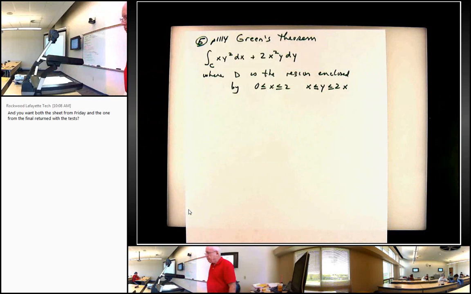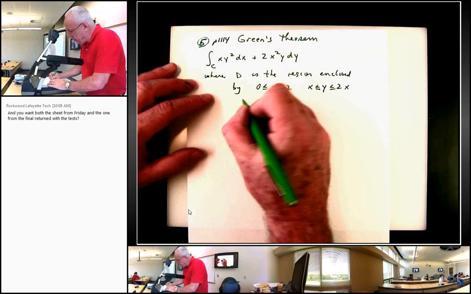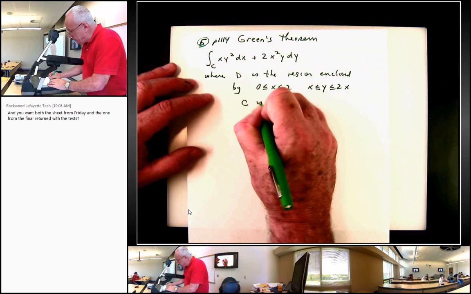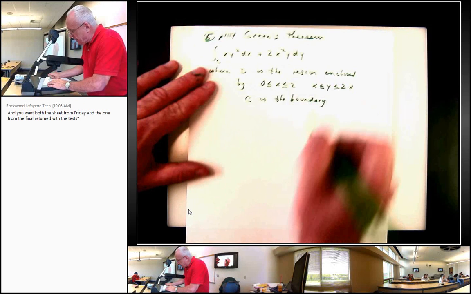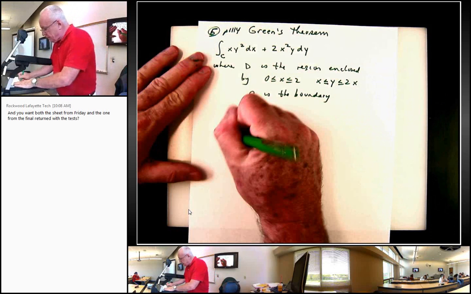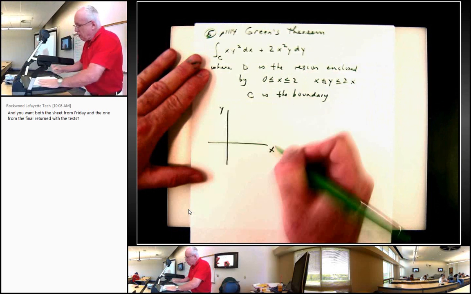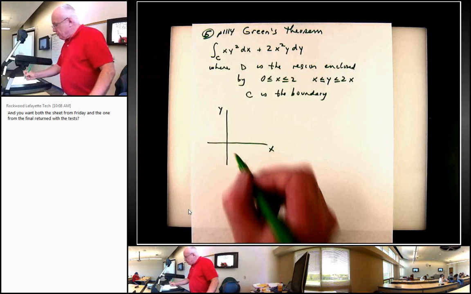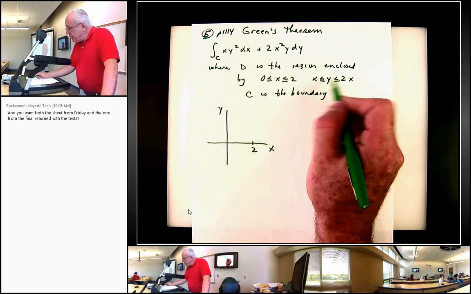All right. And then C is the boundary. It's very helpful just to do a quick drawing of this D. X goes from 0 to 2. Now y ranges from x to 2x.